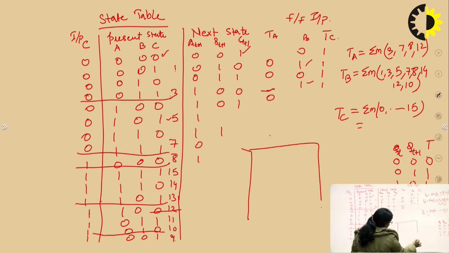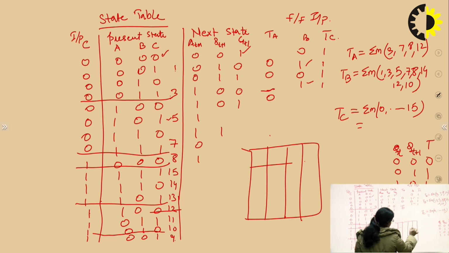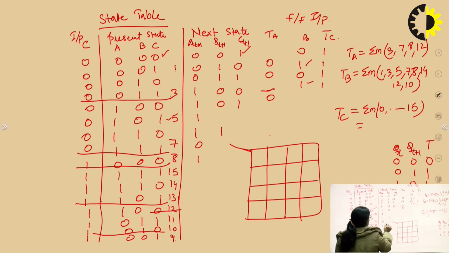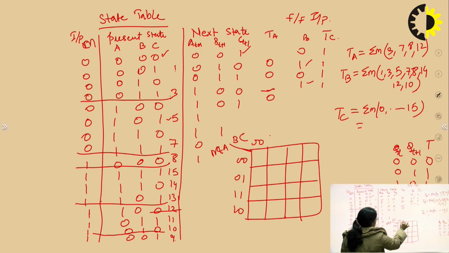So for TA, if we will solve the KMF, for confusion, we will take this as M. To avoid the confusion, we will take it as M, MABC. So 0, 0, 0, 1, 1, 1, 1, 0, 0, 0, 0, 1, 1, 1, 1, 0.